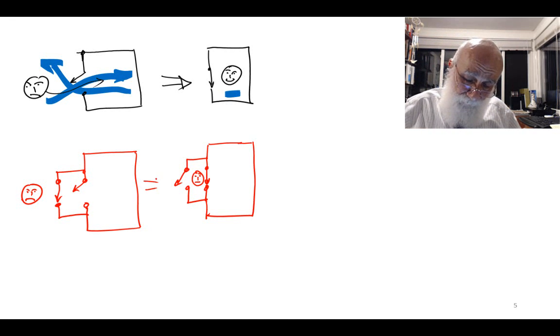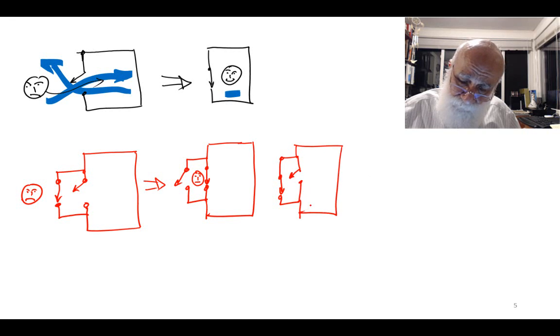Then you come in here. But then the next step is you open the inside door, and then you come in here.